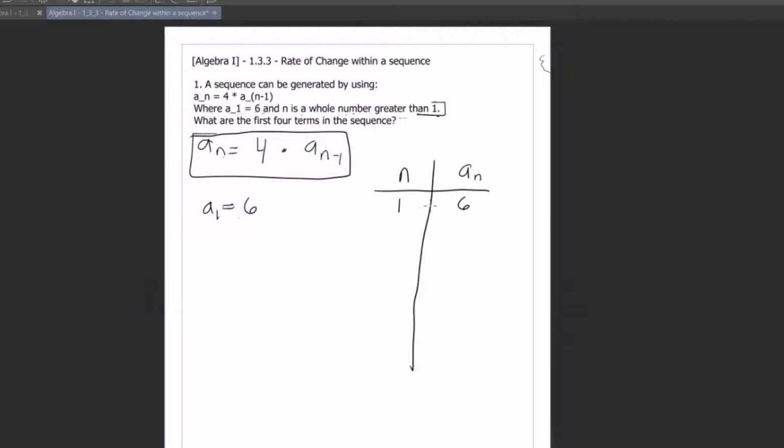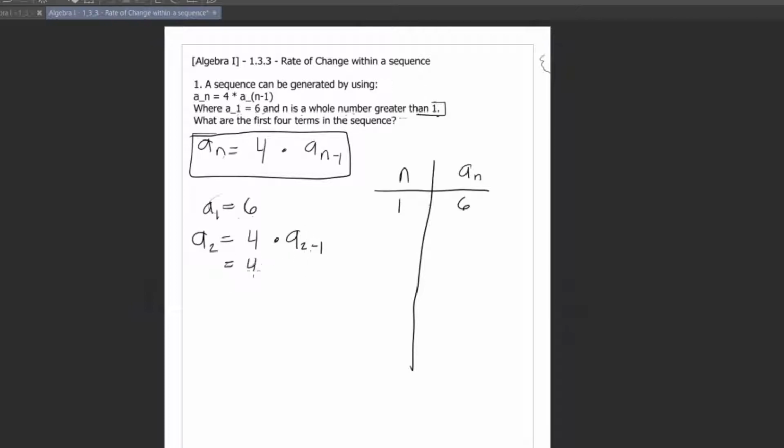And I'll do it both ways, just so I think sometimes it's visually easier to see this than it is to reference this table, right? So what does a sub 2 equal? A sub 2, referencing this equation, equals 4 times a sub 2 minus 1, which is a sub 1, right?